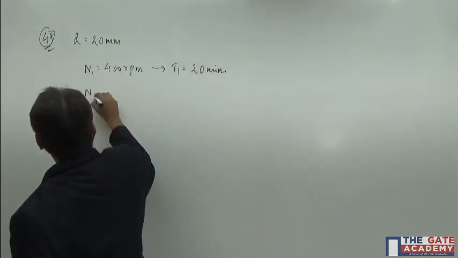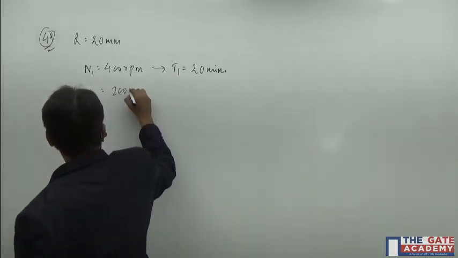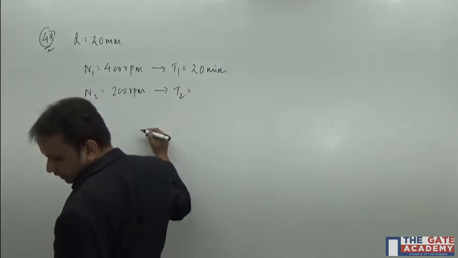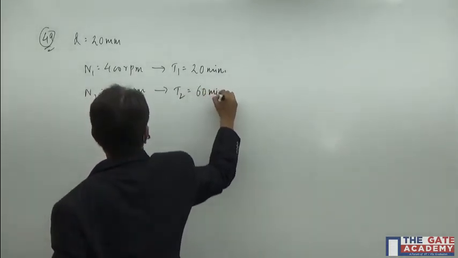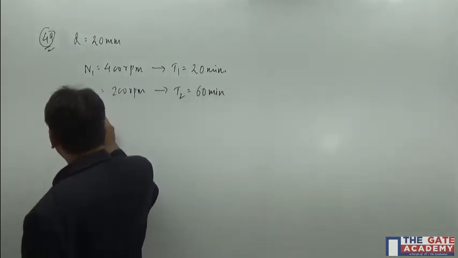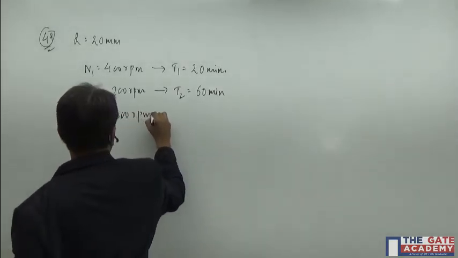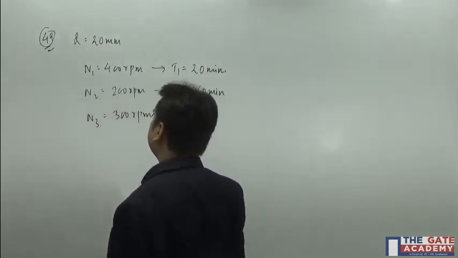And N2, if it is 200 rpm, then you get T2 as 60 minutes. Alright, and if suppose N3 becomes 300 rpm, then what will be the new tool life T3? This is what they ask.